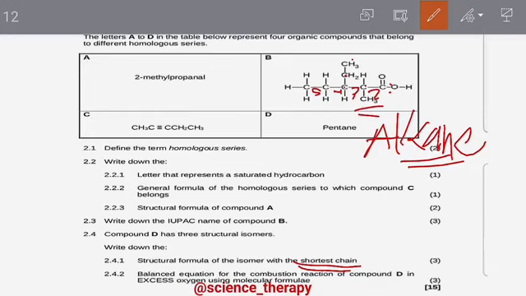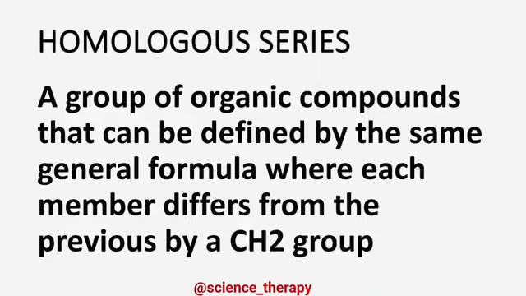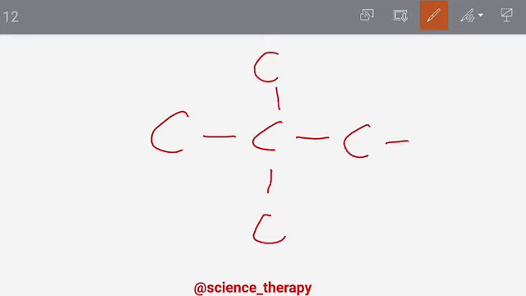So pentane, from the word pent, we know that's 5 carbons. So we are looking for a way to write down a structural formula with 5 carbons but with the shortest chain. So we go, okay. To make a short chain out of 5 carbons, we can have this, and then put the other 2 carbons here as branches or alkyl groups.